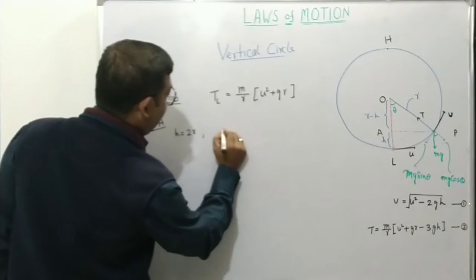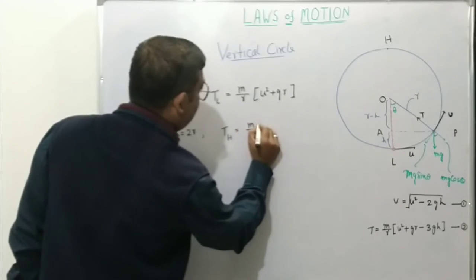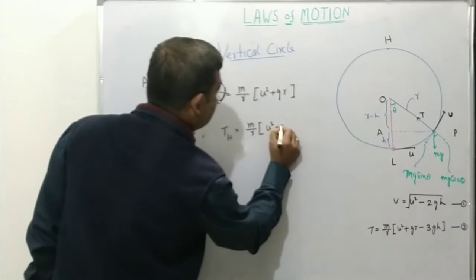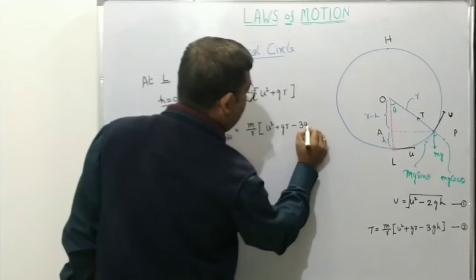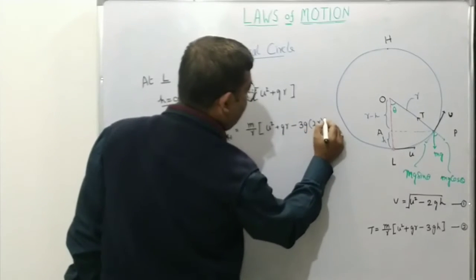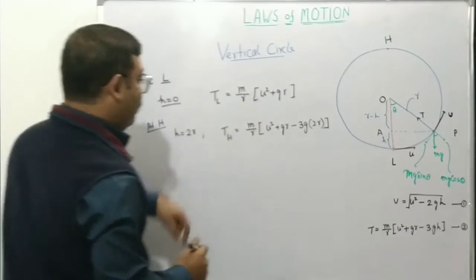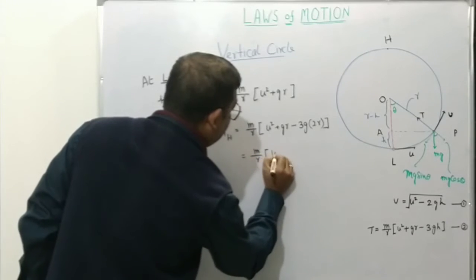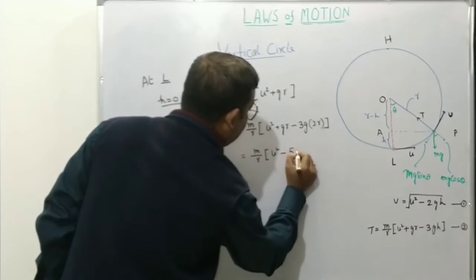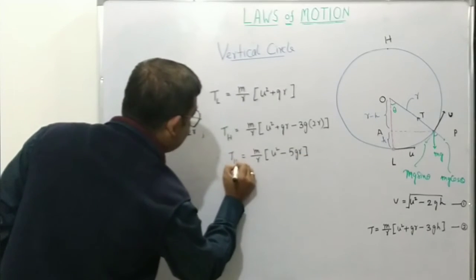Therefore, T at the highest point will be equal to m by r into u square plus gr minus 3g into 2r, substituting h with the value 2r. And if you simplify, we will get m by r into u square minus 5gr. This will be the tension at the highest point.